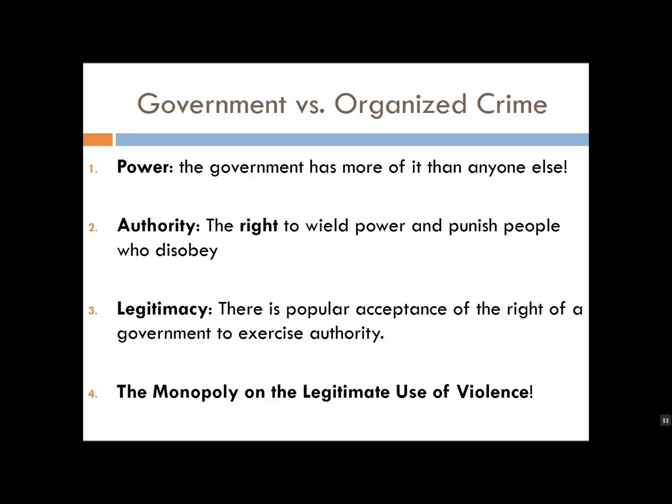Okay, so the first defining characteristic of government is that it has more power than anyone else in society. The second big difference between governments and organized crime is that governments are generally believed to have authority, the right to take or compel obedience under the threat of violence and coercion, the right to use coercive power.